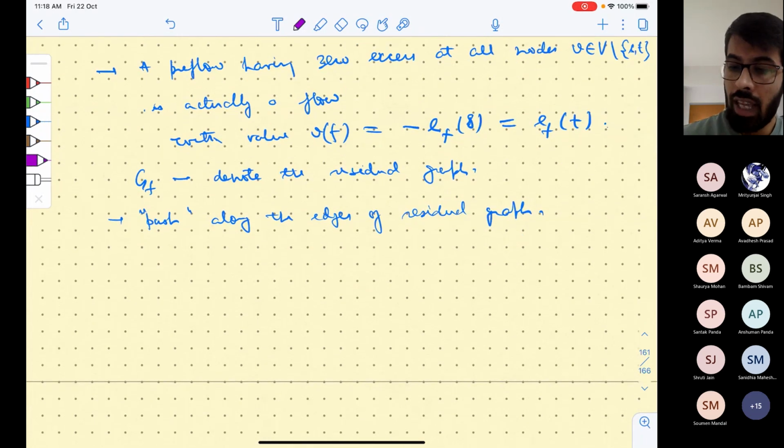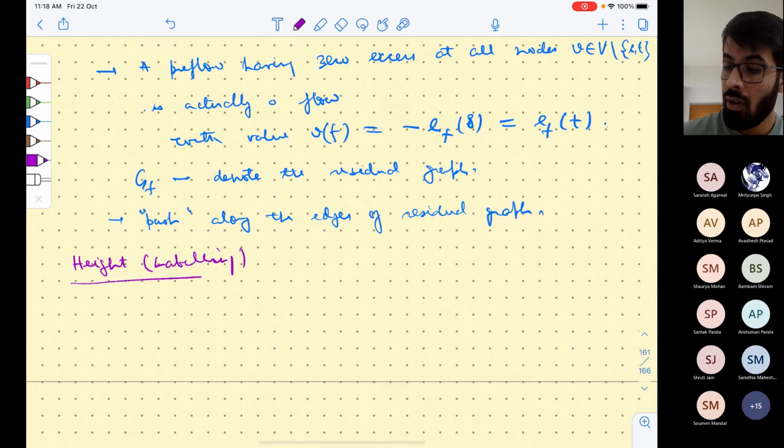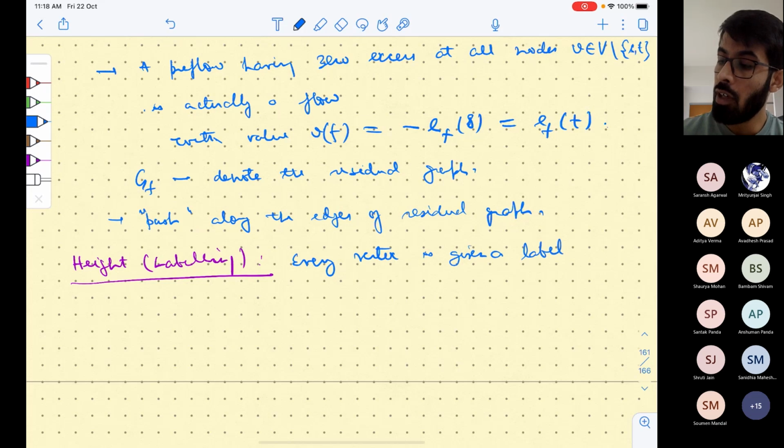Okay. Now there is another concept that gets added, which is called height or labeling. So every vertex is given a label, which we'll call height.